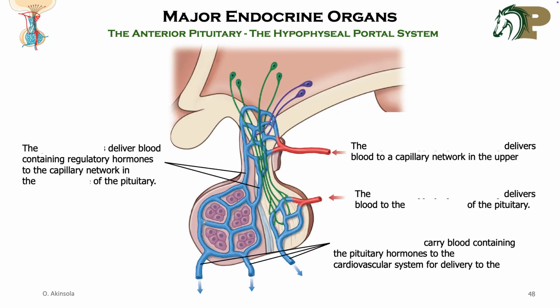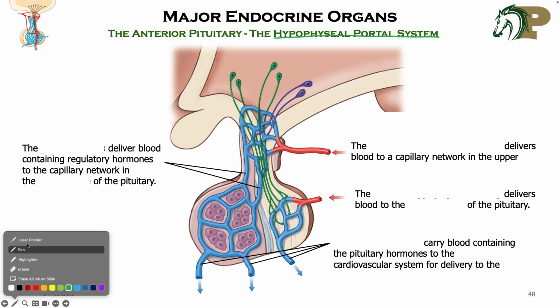Okay, so let's talk about this system here. It's called the hypophyseal portal system. The hypophyseal portal system is essentially the system that allows hormones to get from the hypothalamus down to the anterior pituitary.